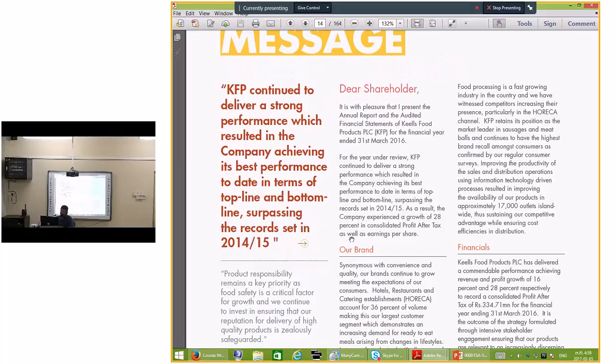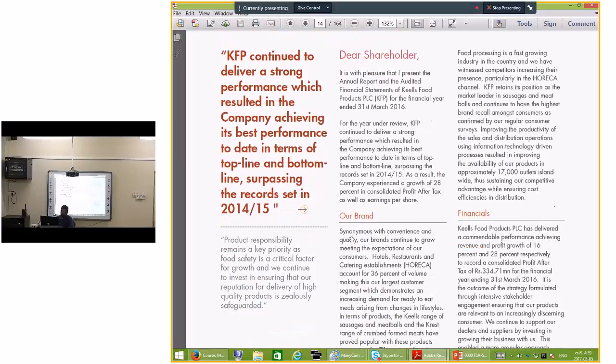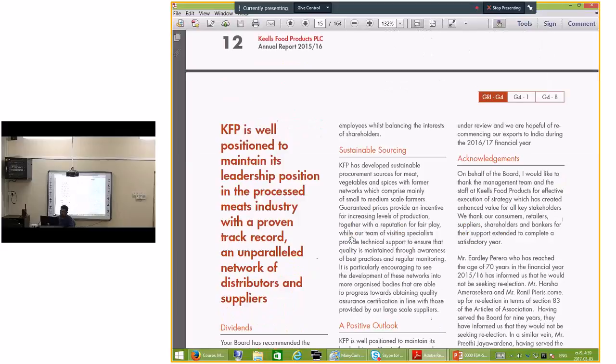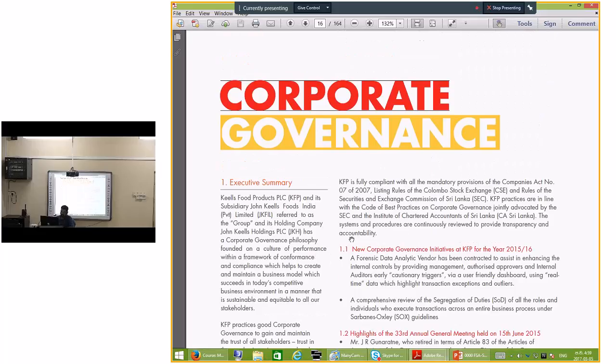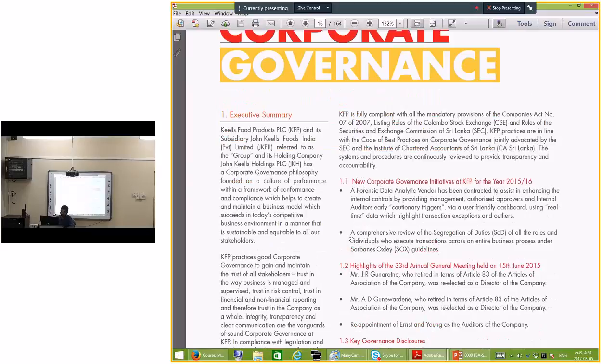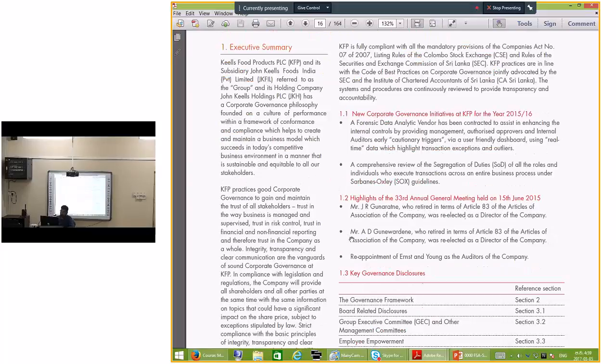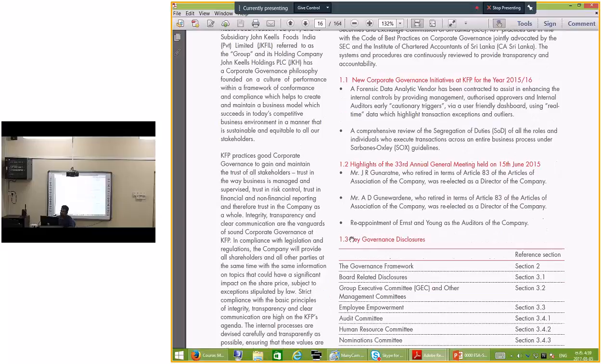Then you can see there are additional details, and also there are some strategies, and corporate governance details also given.